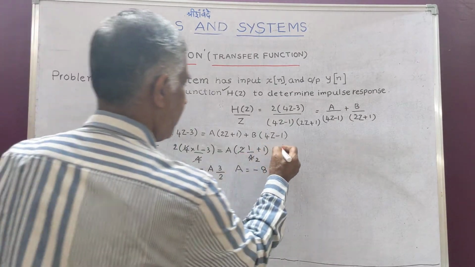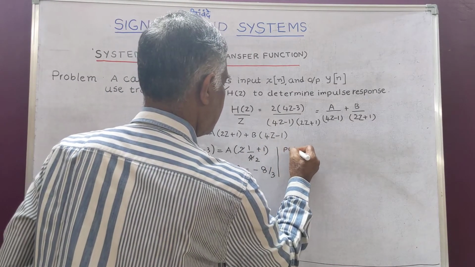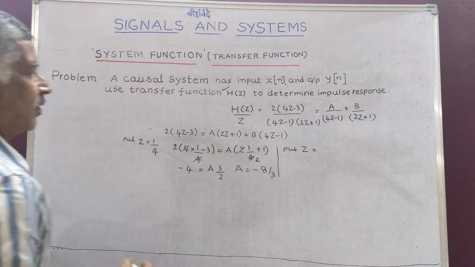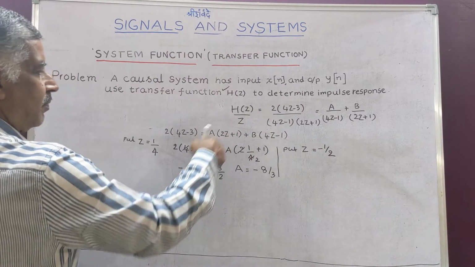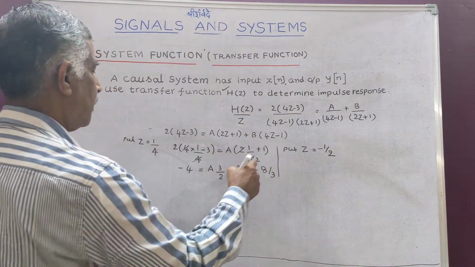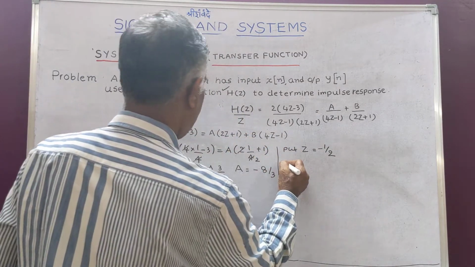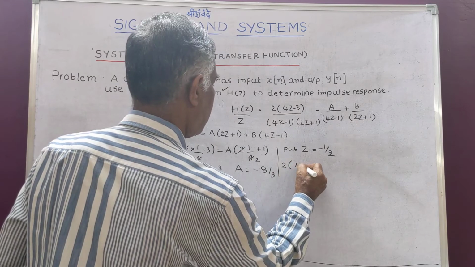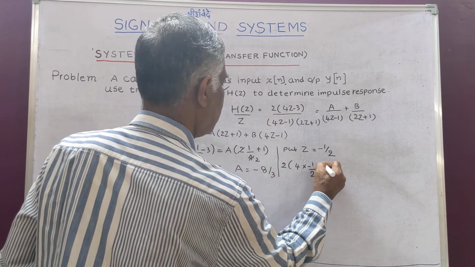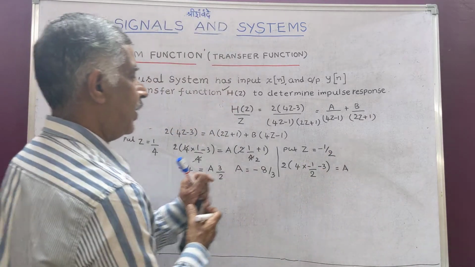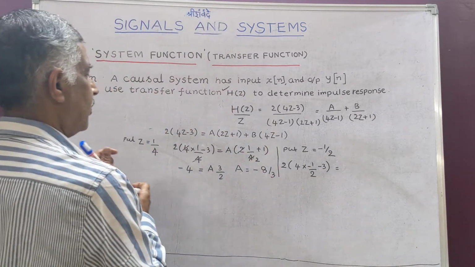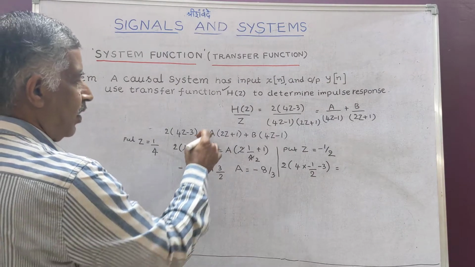Now put z equal to −1/2, because this term becomes 0. Putting z equal to −1/2, we get 2(4 × (−1/2) − 3) = B(4 × (−1/2) − 1), and the A term becomes 0.